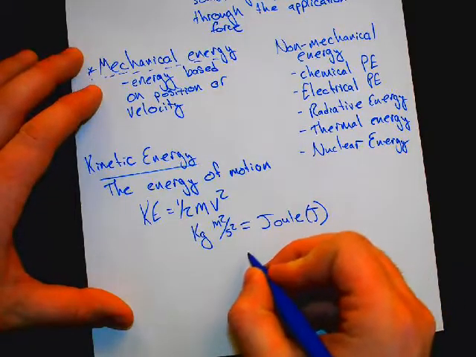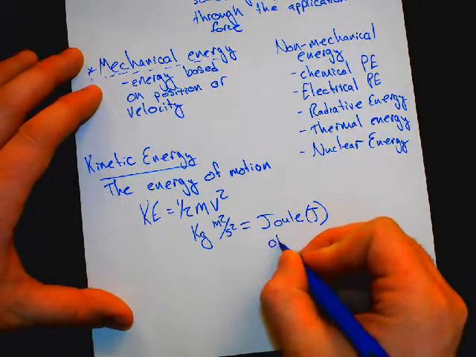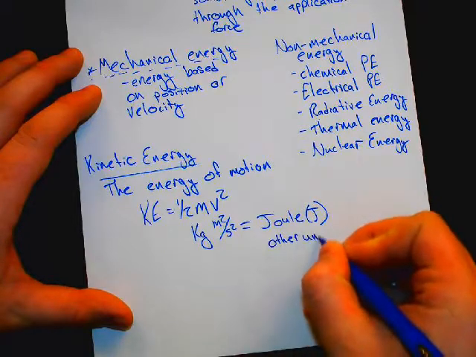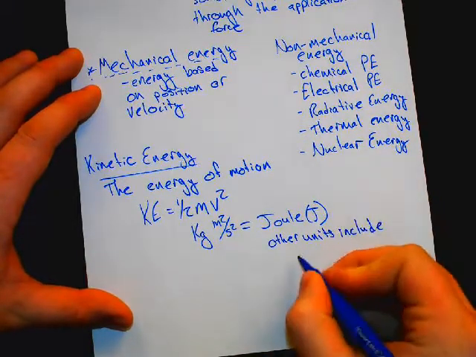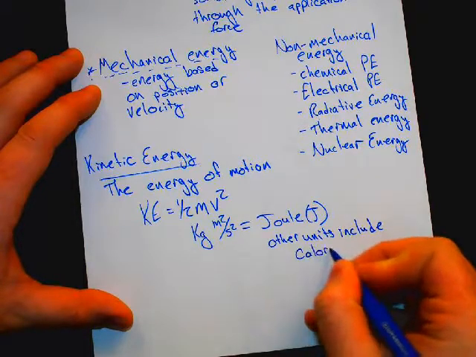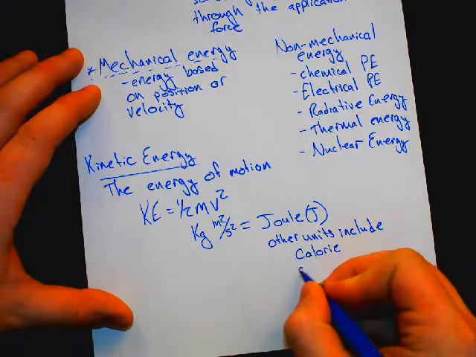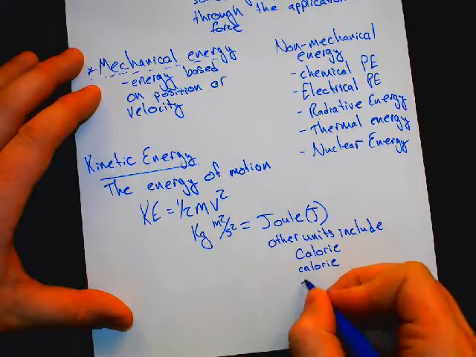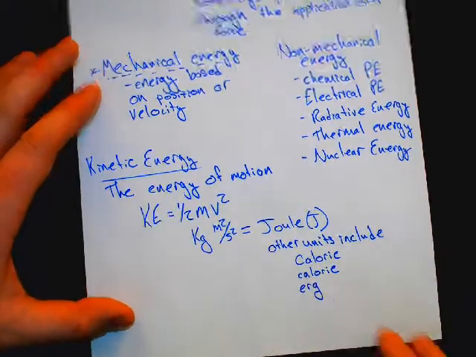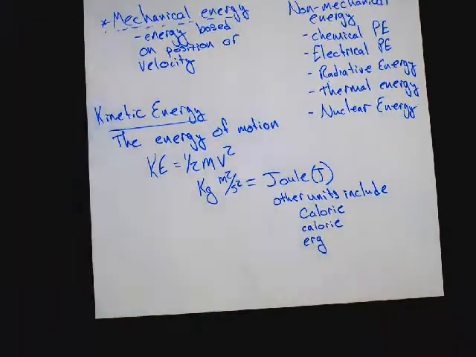You may be used to other units, which include the calorie, or the erg. Erg, still probably the best unit ever made. Why did I say calorie twice? Capital and lowercase.